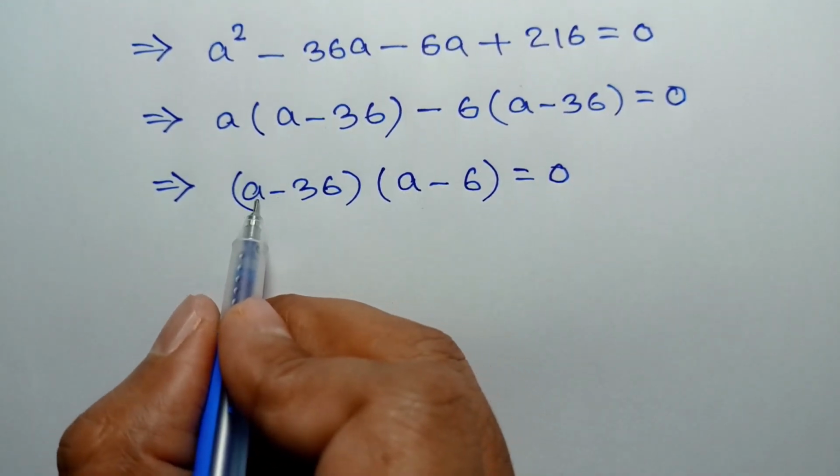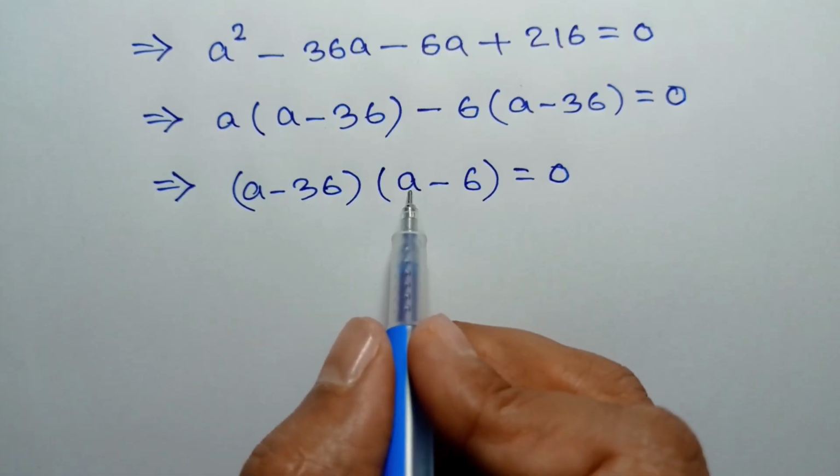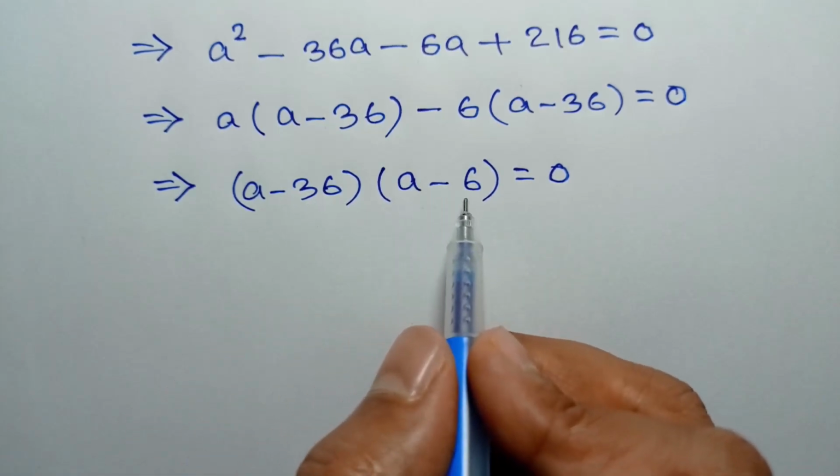So a minus 36 is equal to 0, or a minus 6 is equal to 0.